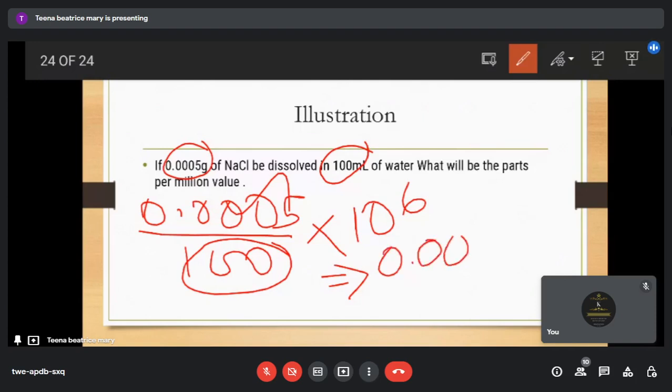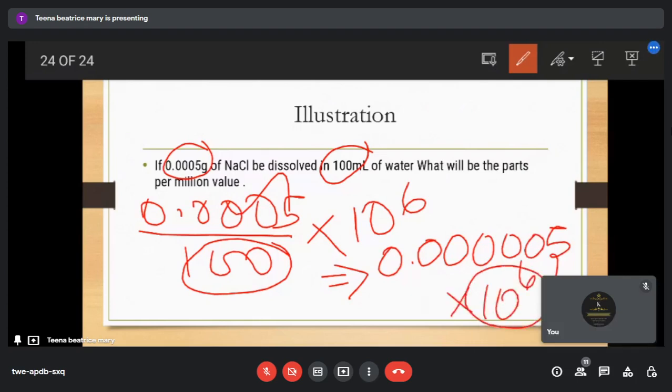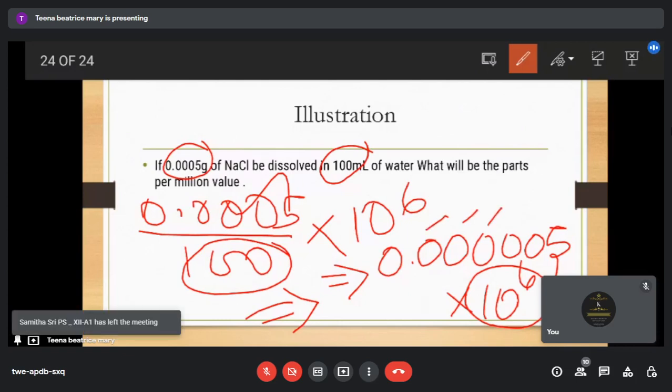So if you go with adding two more zeros then it becomes 0.0005 into 10 to the power of 6. 10 to the power of 6 இருக்கும்போது we have to express in exponents, 6 digits க்கு அப்புறம் வைக்கும்போது 5 point something வரும். So the answer will be 5.